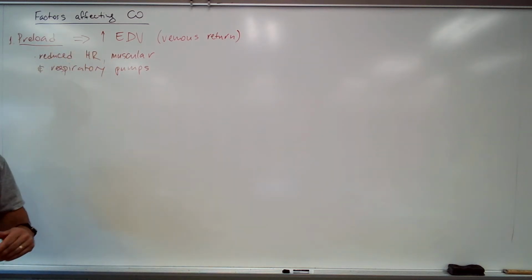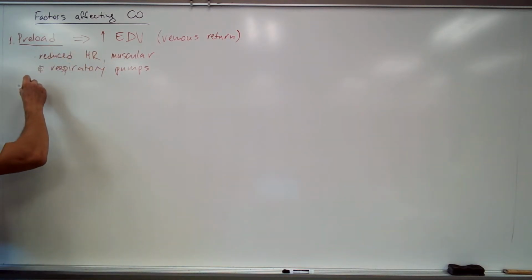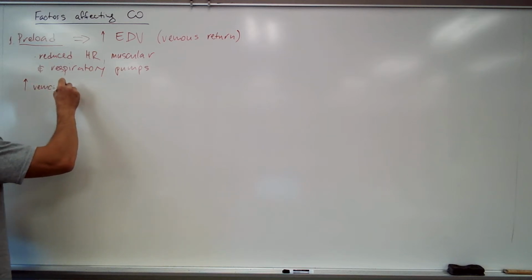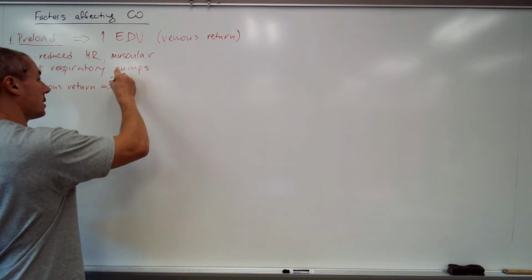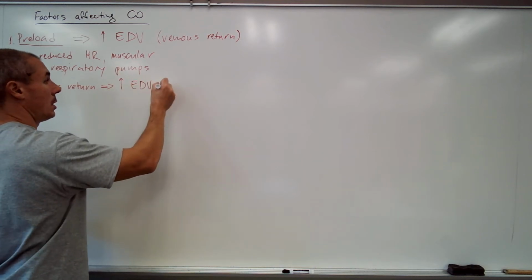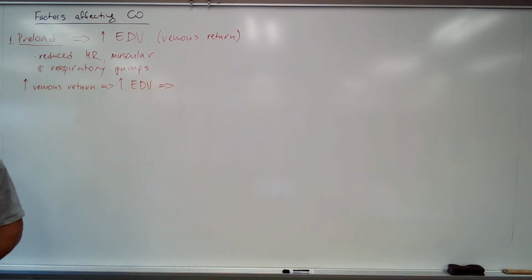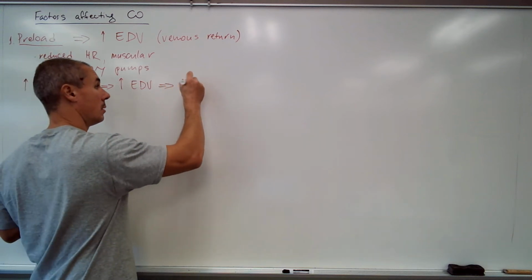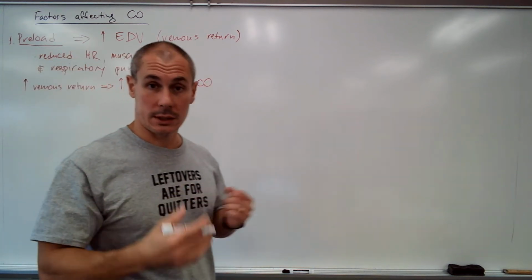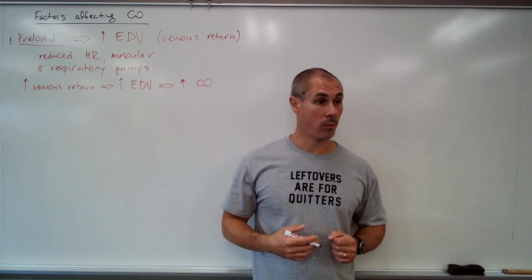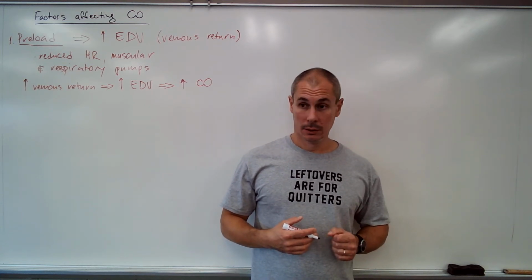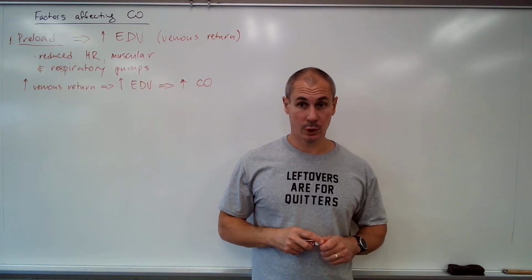So in other words, we can say that increased venous return transpires into increased EDV, which then increases cardiac output. Does that make sense? Okay. Clear? Good?